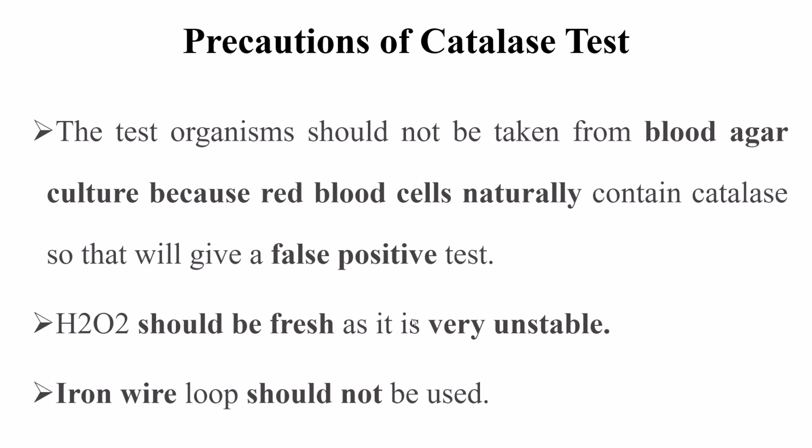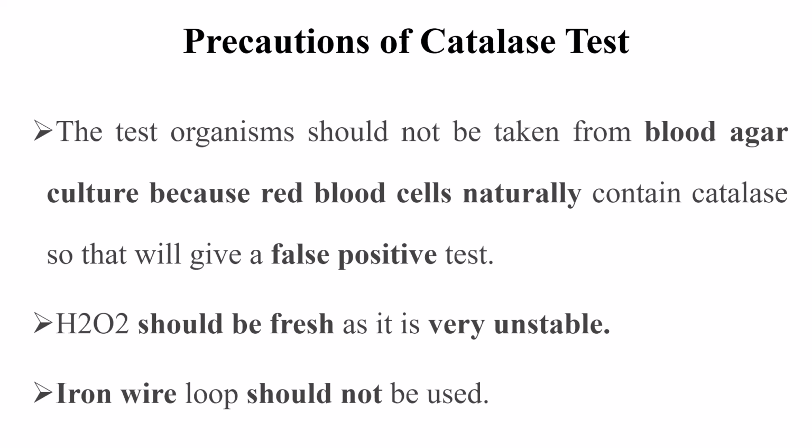We have some precautions for the catalase test. First of all, the tested organism should not be taken from a blood agar culture. Why? Because blood agar contains red blood cells, which naturally have catalase enzyme, so they will give us false positive results. Even if the bacteria do not produce catalase enzyme, the result will be positive because they were cultured on blood, which naturally has catalase enzyme.